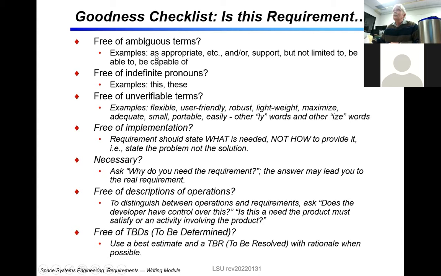No. You need to be specific, right? No ambiguous terms such as these. No indefinite pronouns: this, these. Free of unverified terms: flexible, user-friendly. The software interface will be user-friendly. What the devil does that mean?